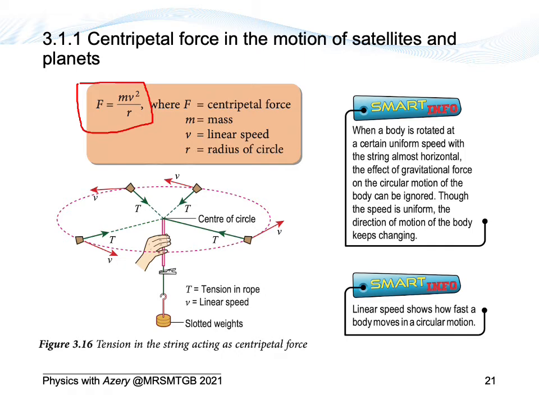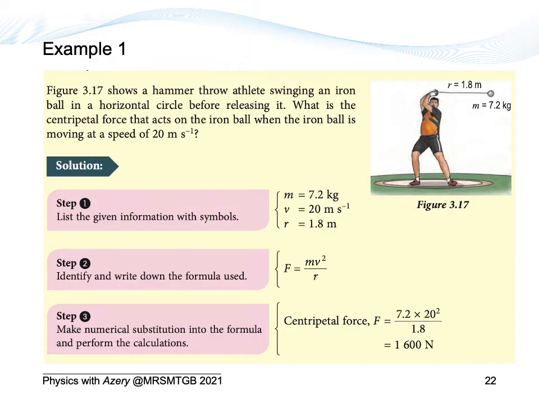Now let's see an example. Figure 3.17 shows a hammer throw athlete swinging an iron ball in a horizontal circle before releasing it. What is the centripetal force that acts on the iron ball when the iron ball is moving at this speed? So we have linear speed, we have radius here, and we also have mass.